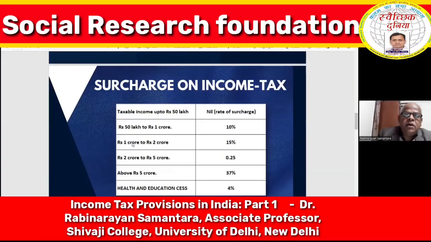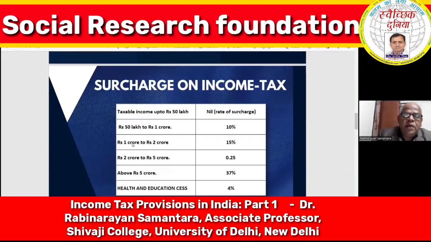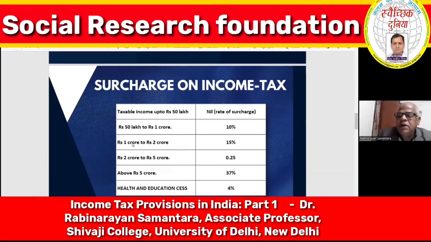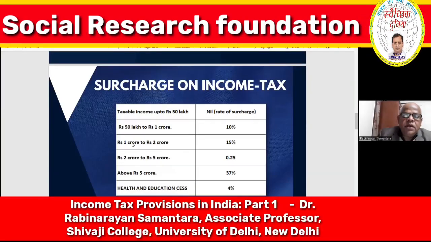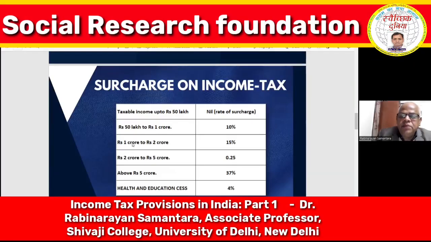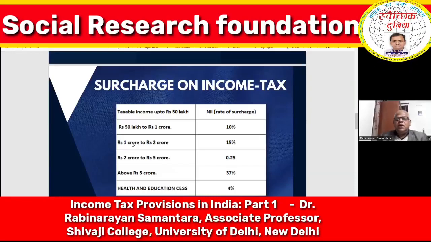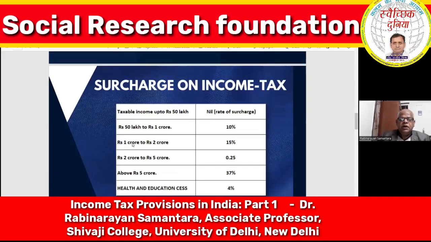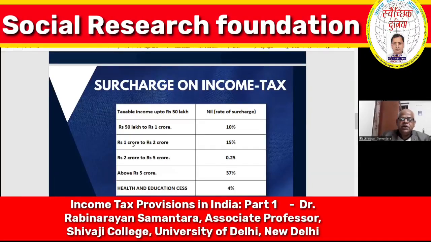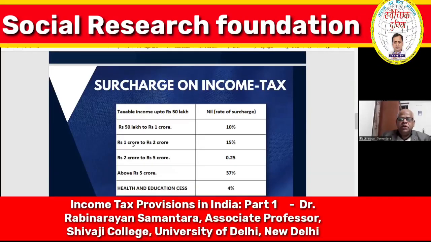Then for taxable income falling between rupees 5 lakh and rupees 1 crore, the relevant rate is 10%. Then between rupees 1 crore and rupees 2 crore, the rate is 15%. Then between rupees 2 crore and rupees 5 crore, the rate is 25%. Then for taxable income exceeding rupees 5 crore, the rate is to be taken as 37%.